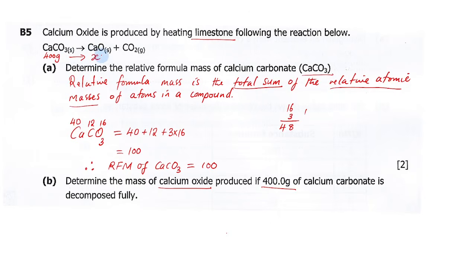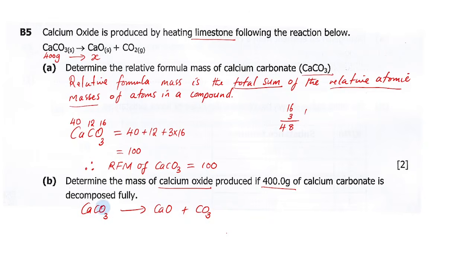But before you say X, you need to balance the equation. So let me write it here properly. Calcium carbonate is decomposed to calcium oxide plus carbon dioxide. If I try to balance this equation, I will discover that it is already balanced, because calcium is 1 here and 1 there, carbon is 1 here and 1 there.